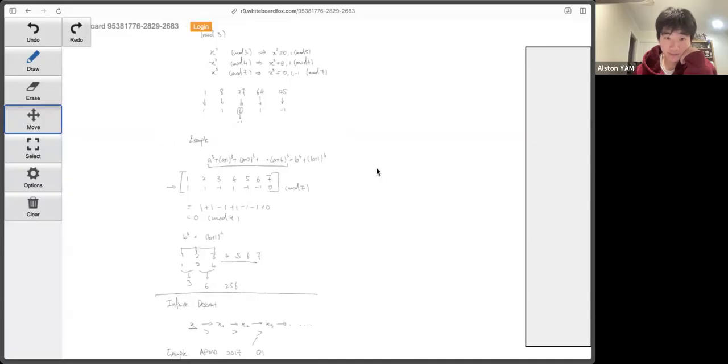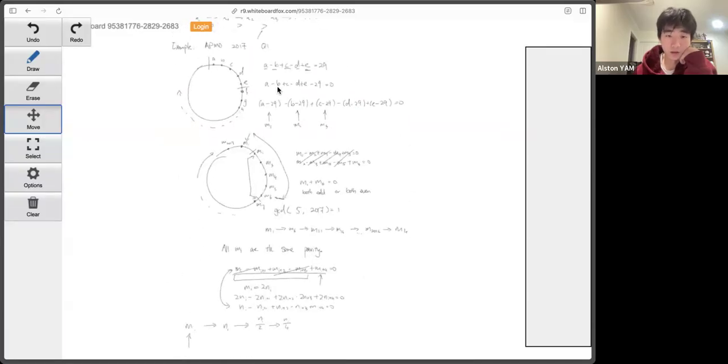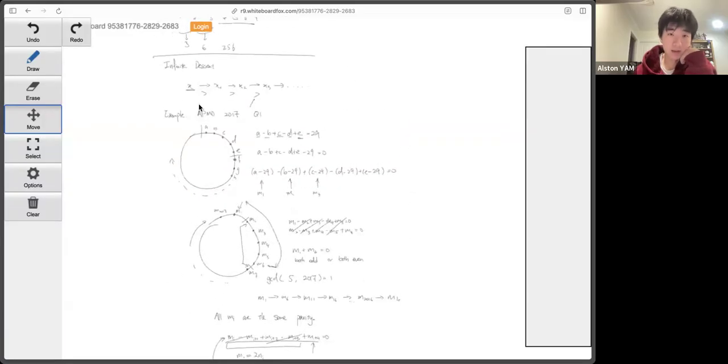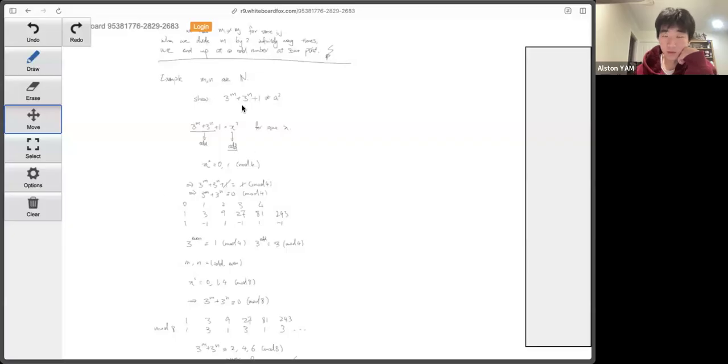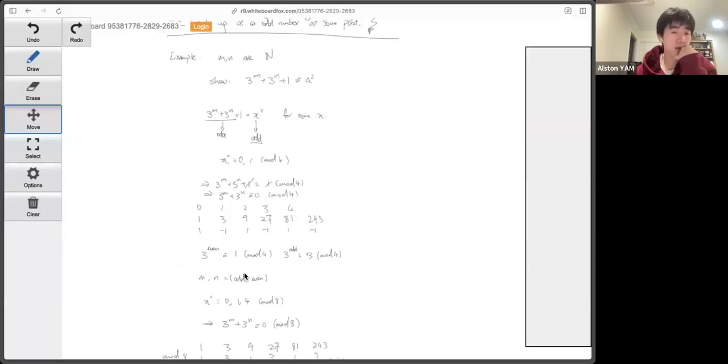We did our modulus, and then we did our infinite descent with an APMO past problem. And then we also did another problem here where we kind of used the mod idea again to show that there are absolutely no solutions to m and n.